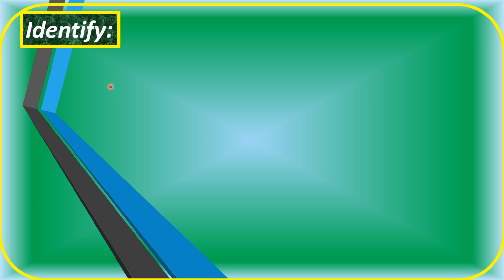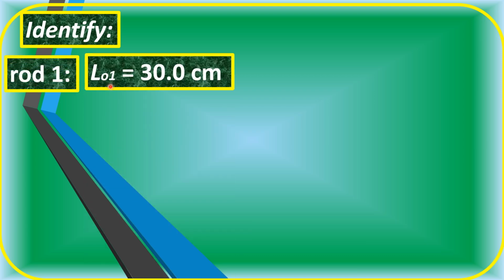Since the composite rod consists of two rods of different materials, let's describe each of them first before they were joined. The first rod had an initial length denoted by L sub naught 1 equal to 30.0 centimeters.